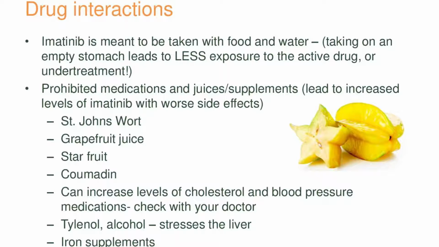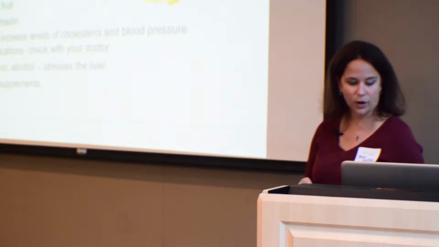For your cholesterol and blood pressure medicines, most of these are okay, but always have your doctor check and make sure they know all the medicines you're taking to avoid any unexpected surprises. For Tylenol and alcohol, we tell people to use them in moderation because they can stress your liver on top of the Gleevec. We always want to keep your liver happy, especially if you're on this for a long period of time. And iron supplements can also change the way the Gleevec is absorbed in the stomach, so we want to know about that.